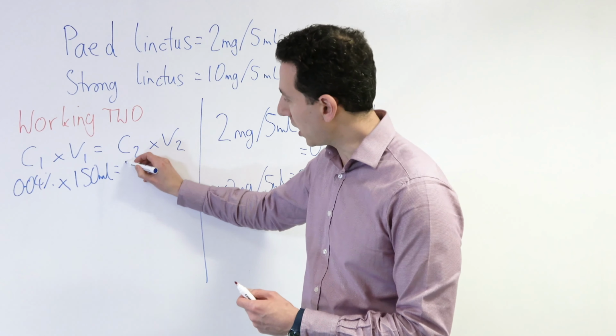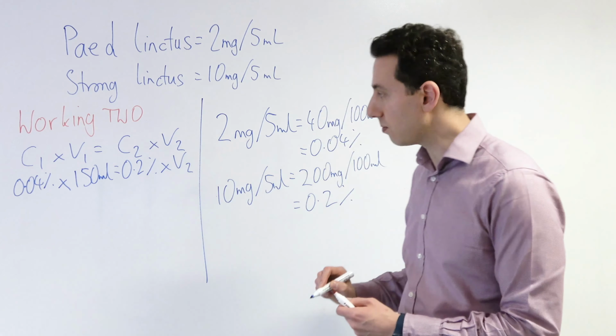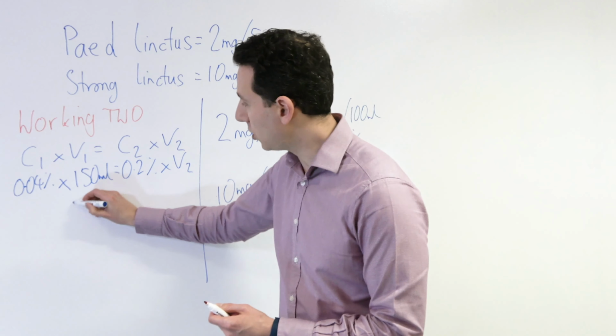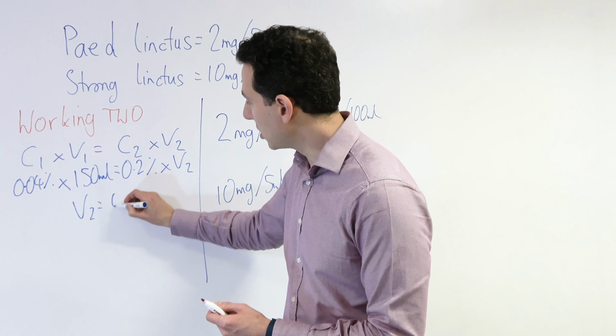Back over to our formula here, 0.2% times V2. Now we need to work out what V2 equals. So we have our 0.04% times 150 ml divided by 0.2%, and that gives us the same answer as the previous way of working it out, which is 30 ml.